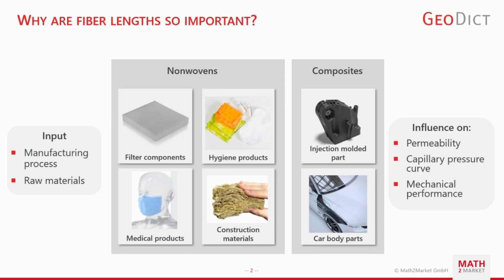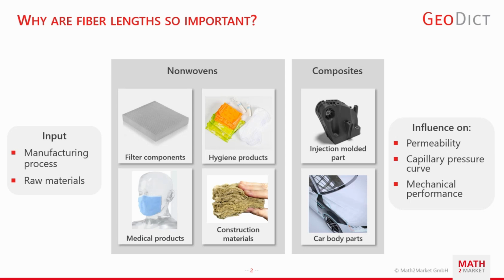And in all of these applications, they play a quite important role for the performance of the material. So if you have longer fibers, for example, in such a composite material, you usually end up with a stronger material in the fiber direction and, well, not so strong in the orthogonal direction.